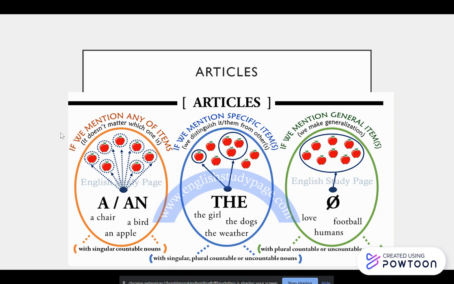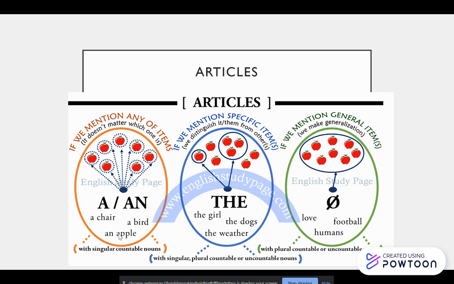So "a" is used with a singular countable noun, when the noun starts with a consonant. The first letter starts with a consonant. And "an" is used with a singular countable noun, but in front of a word that starts with a vowel.